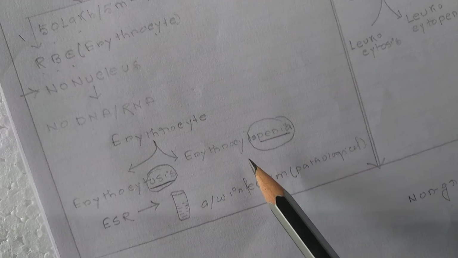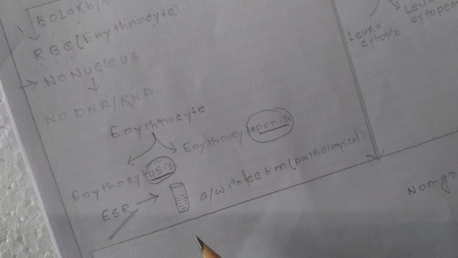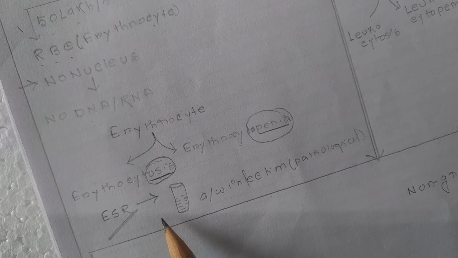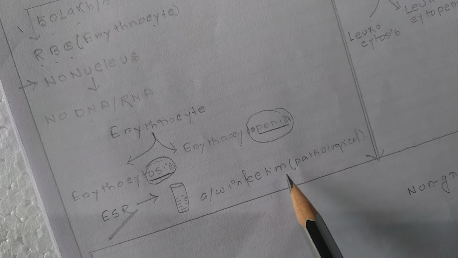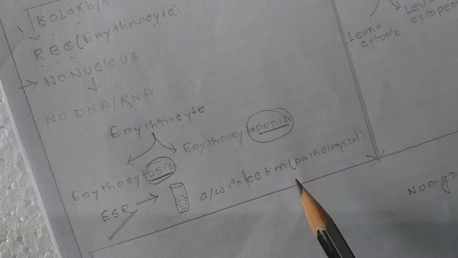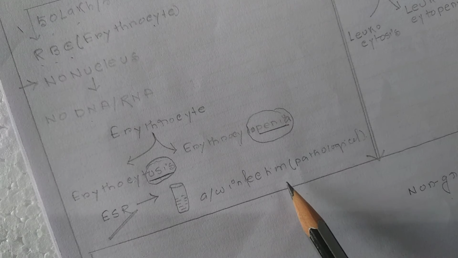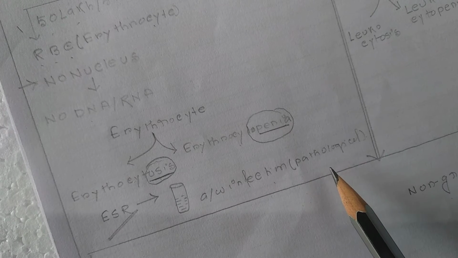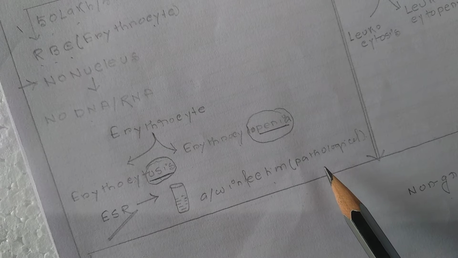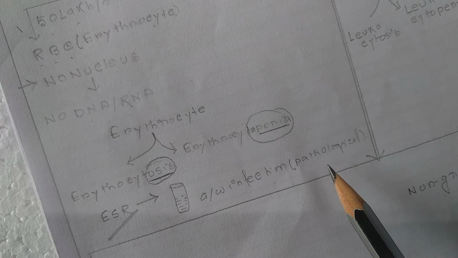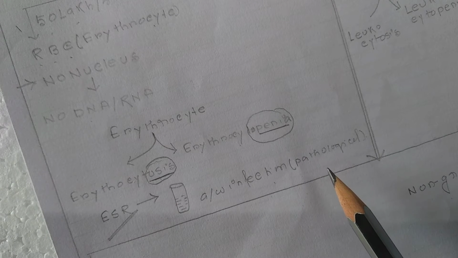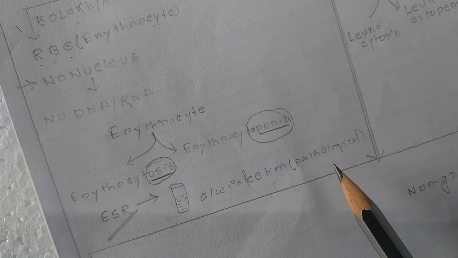One more important thing is the erythrocyte sedimentation rate, which is associated with infection. If it is increased, we have to consider that an infection is there. It is a pathological infection, which may be bacterial, viral or parasitic.